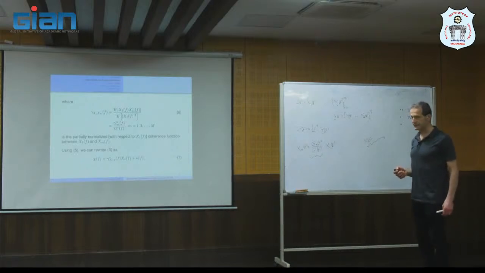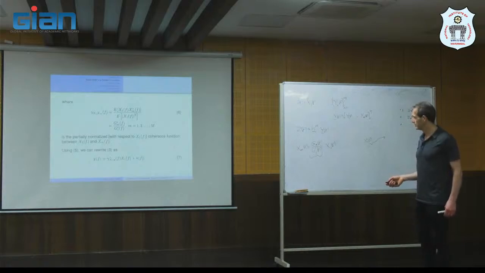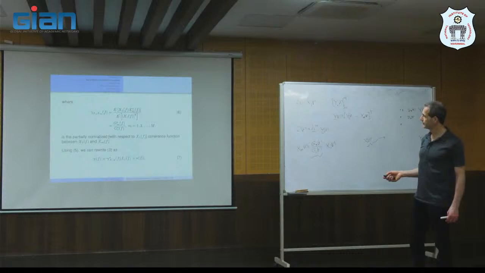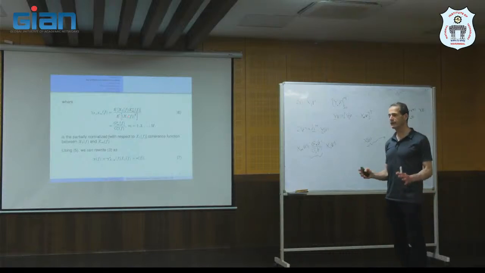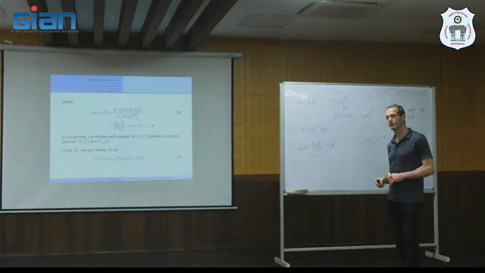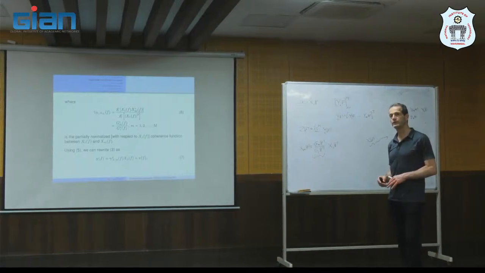And the nice thing is that in many cases we can estimate it from the data. How do we do it? Suppose that I have some intervals without noise, some clean data, which means that I have X1 and XM.